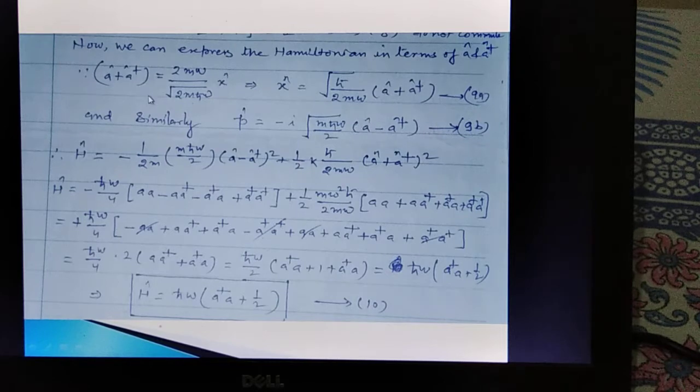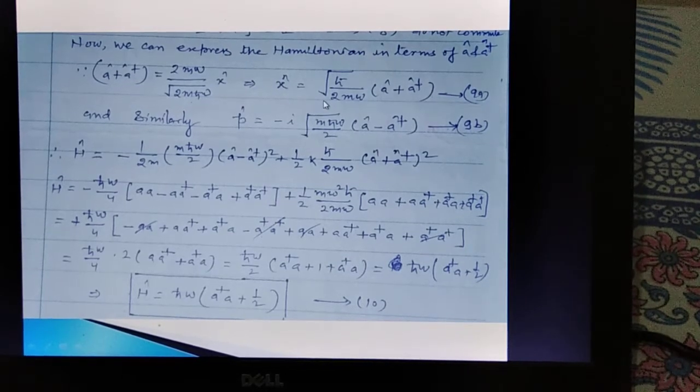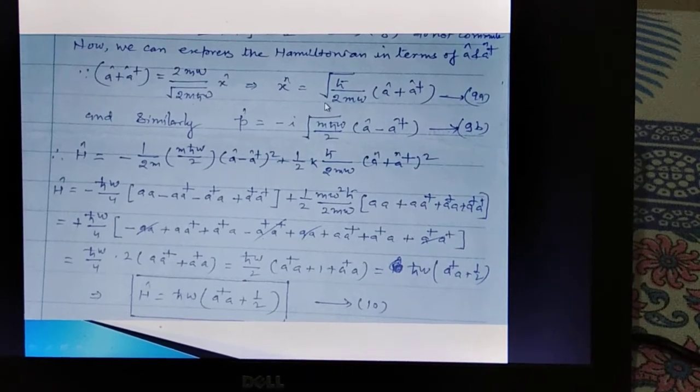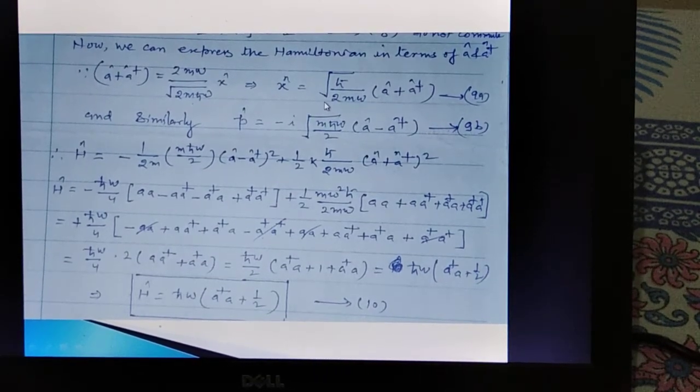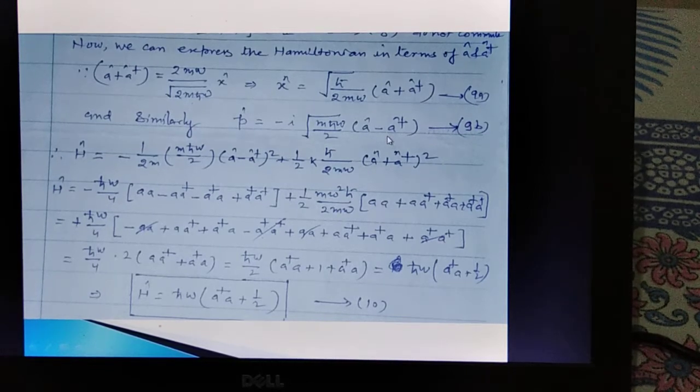Because A plus A dagger equal to 2 m omega over square root of 2 m h cross omega x. So small x equal to square root of h cross over 2 m omega (A plus A dagger), while small p equal to minus i square root of m h cross omega by 2 (A minus A dagger).